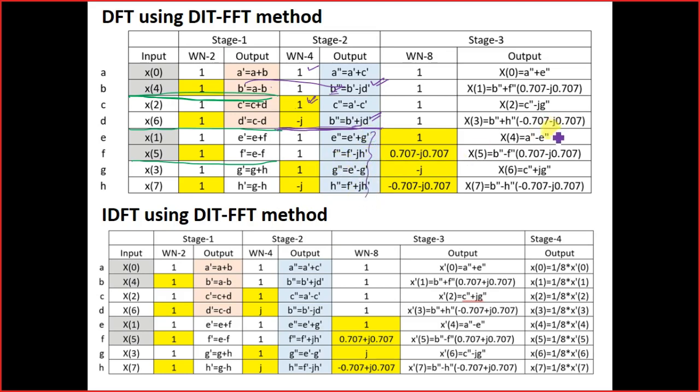In the final one, you have to take all the values. The lower values are the twiddle factors. Here these yellow cells were the twiddle factors: W01, W04, W14. W14 is minus j, W04 is 1. Similarly W04 is 1 over here and W14 is minus j.